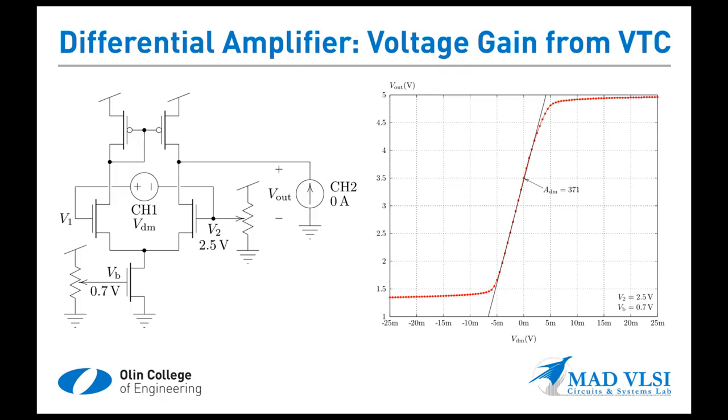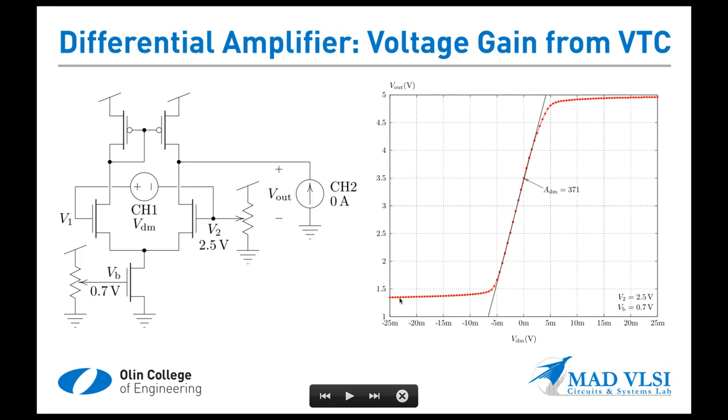The basic idea here is that we're looking at a value of V2 at 2.5, so that's sort of our common mode input, and we're applying a VDM between V1 and V2 with one channel of our SMU, and we're hooking up the other channel to measure the output voltage. So this is going to be sourcing current measuring voltage, and we're interested in directly looking at the voltage transfer characteristic.